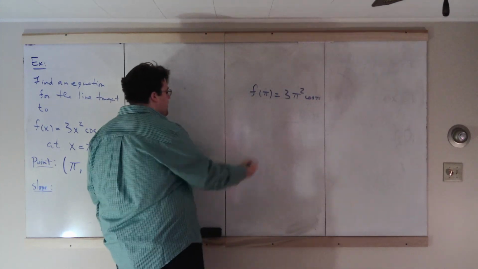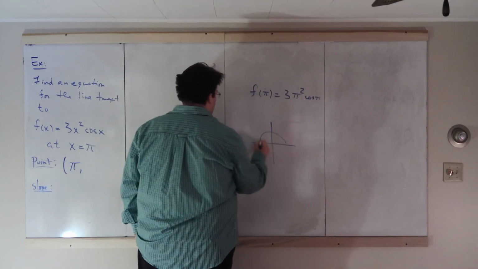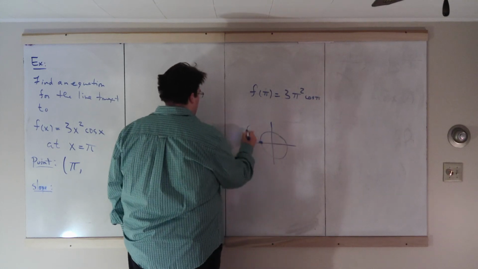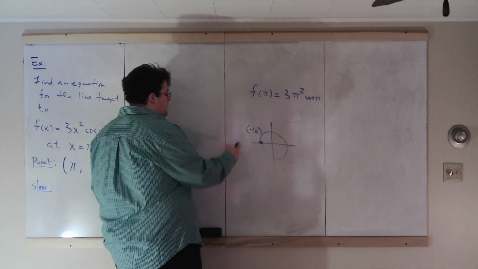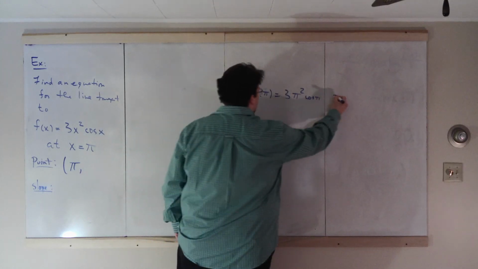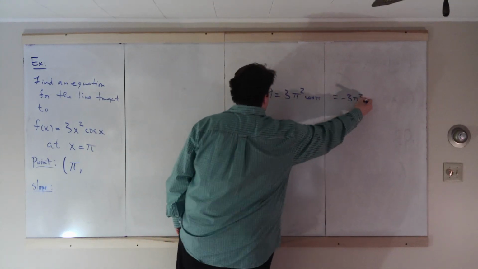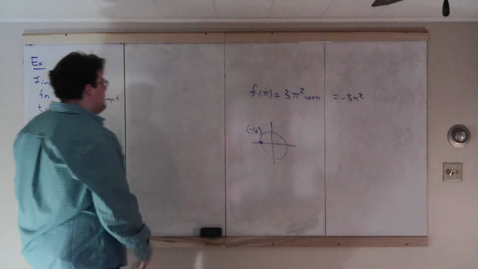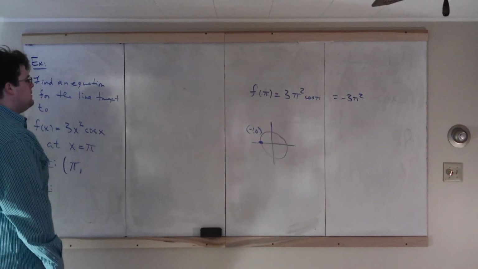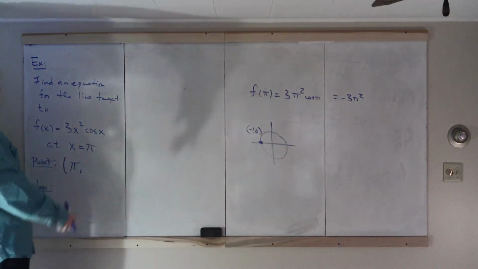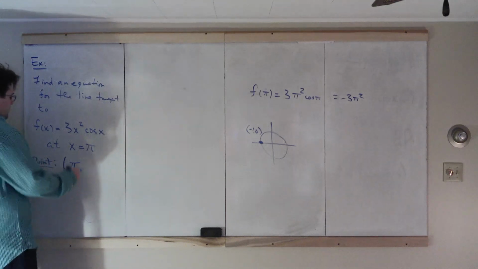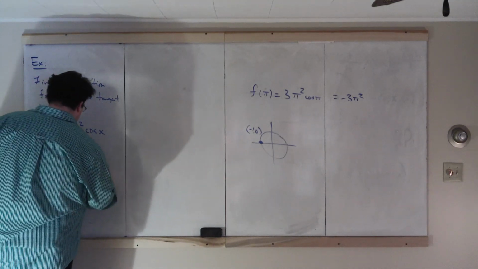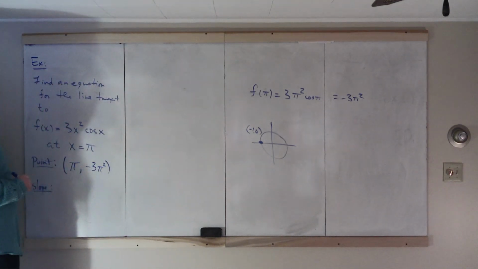What's cosine of pi? Cosine of pi is the x value. The x value there is negative 1. So f of pi is 3 pi squared times negative 1, which is negative 3 pi squared.